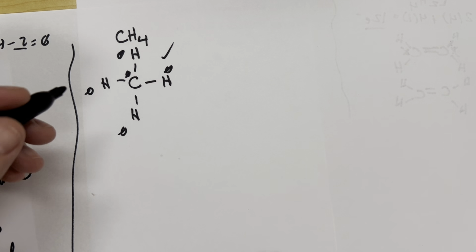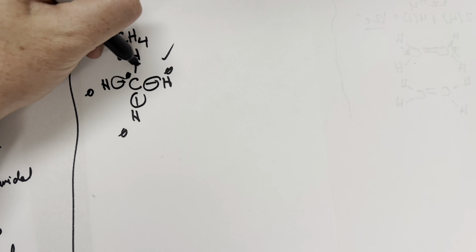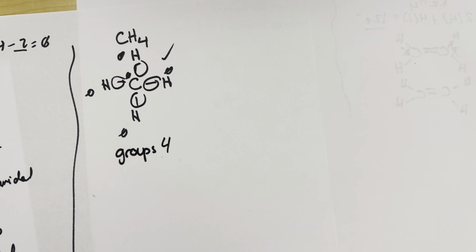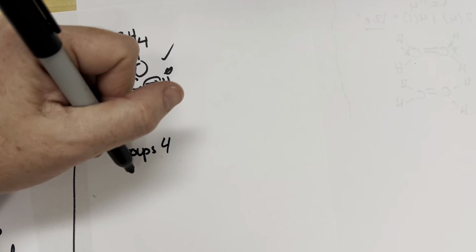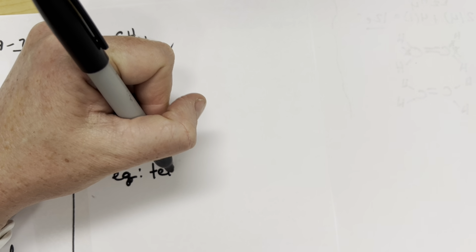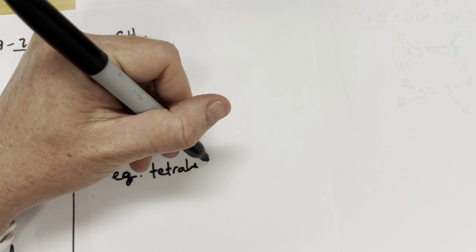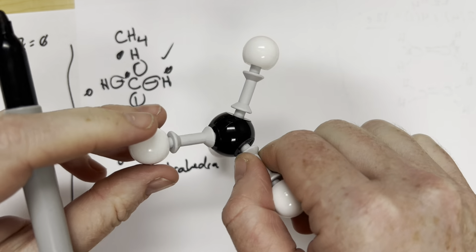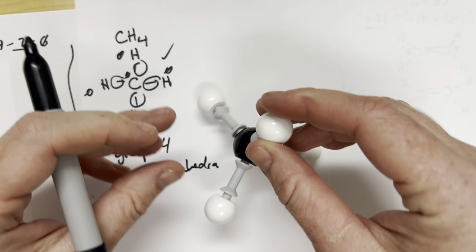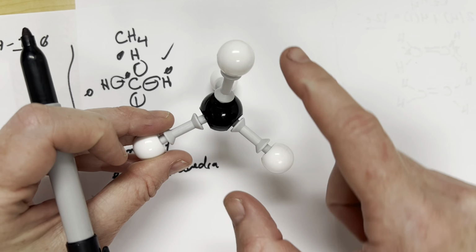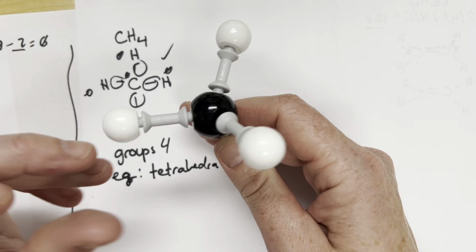The total number of electron groups around that carbon is going to be 4. The electron geometry is going to be tetrahedral. It's going to look like this, where essentially you have the feet at the bottom, and at the top you got one coming up, one going down.